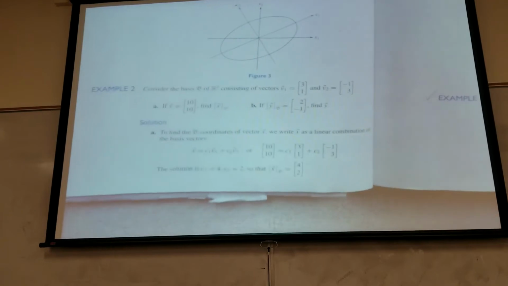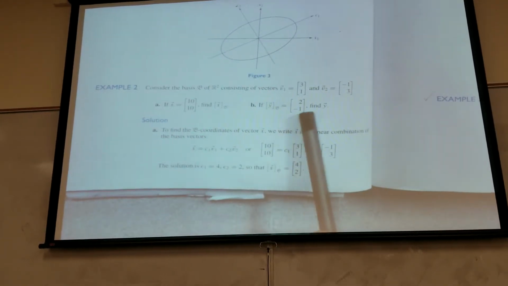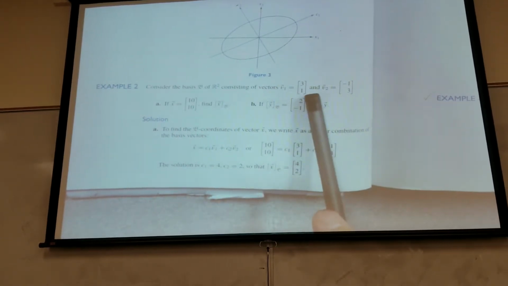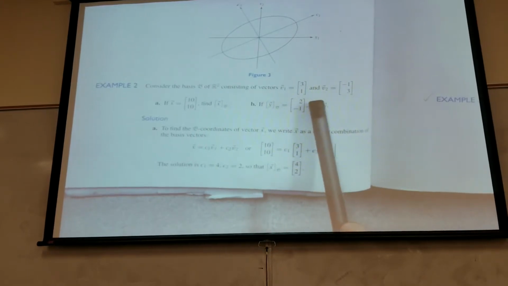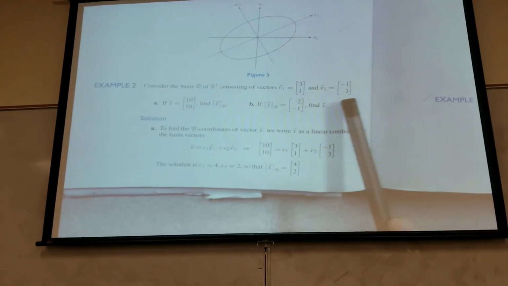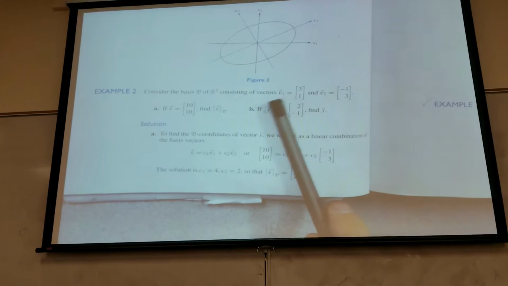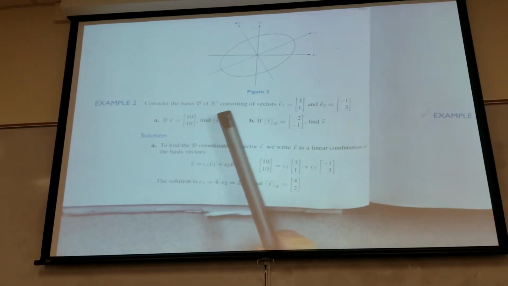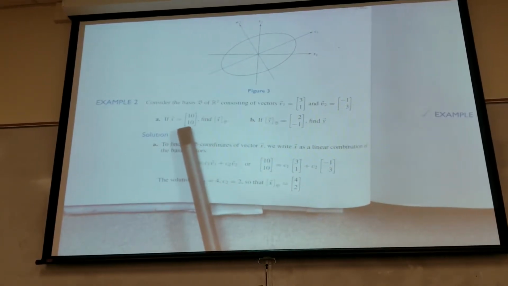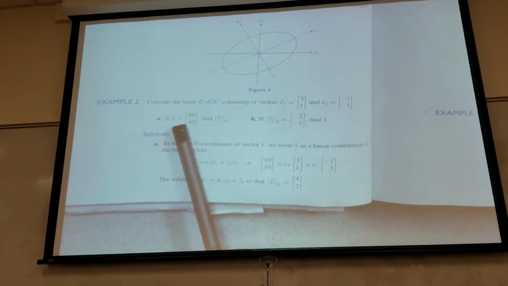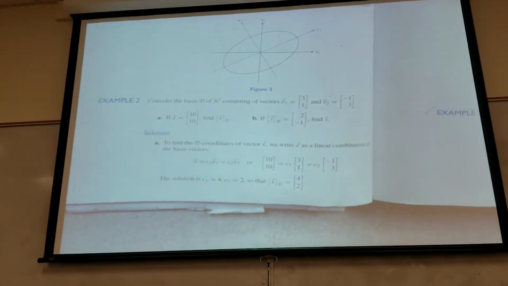So let's look at example 2. We have two vectors, 3, 1 and minus 1, 3, forming a basis of R2. There are two parts of this problem. So you will do homework like this.